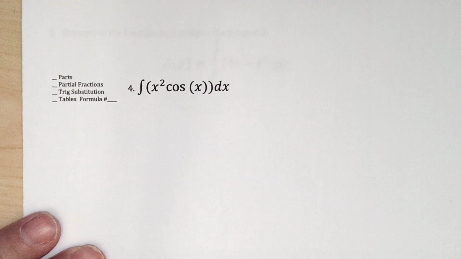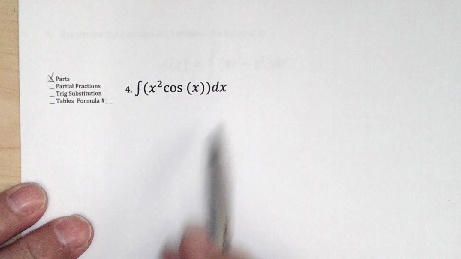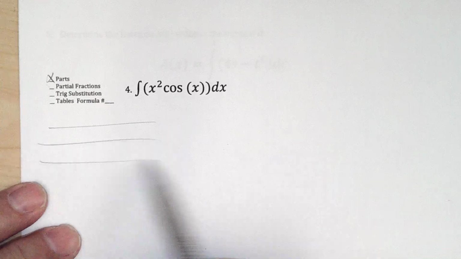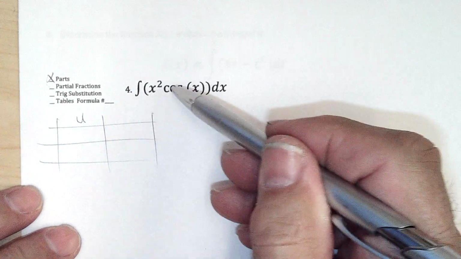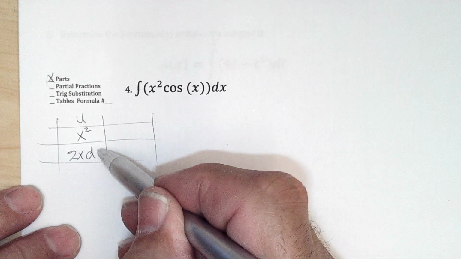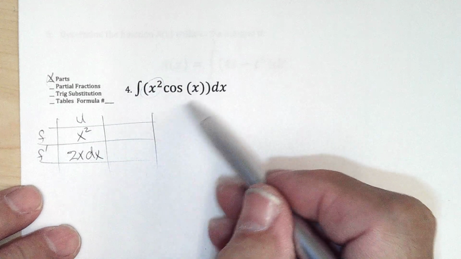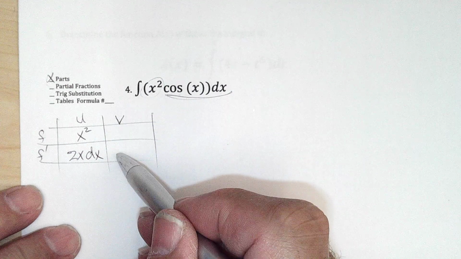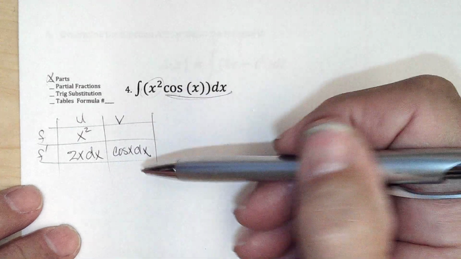Okay, this one looks like an integration by parts, because if we do the table and let u, since we know when we take the derivative it reduces an x squared to 2x dx, I'm going to let that be my u, and this be my dv, the derivative of v, so that's cosine x dx.